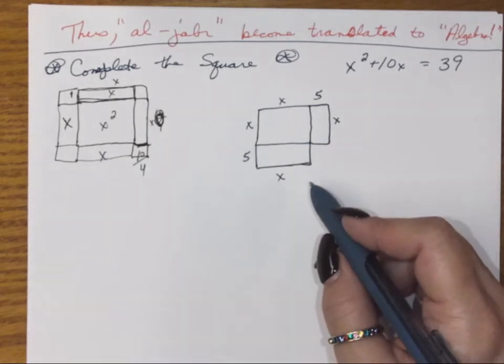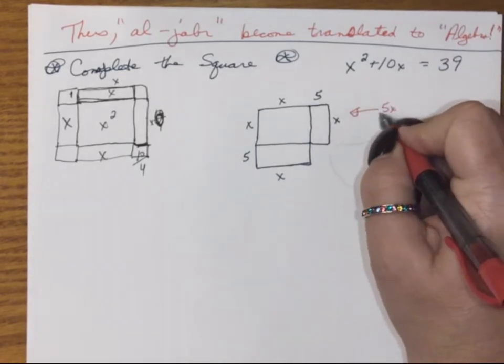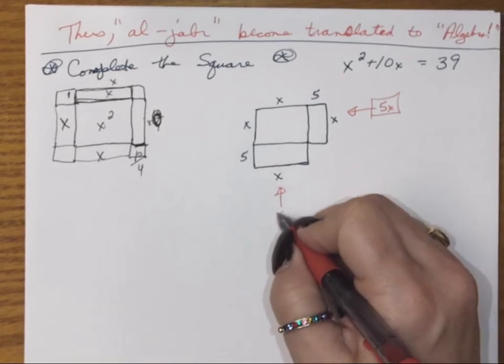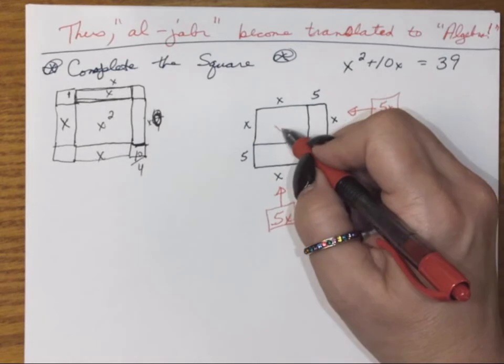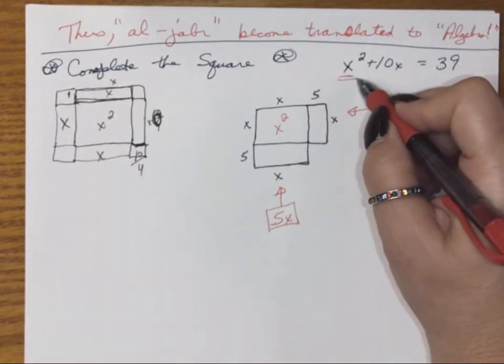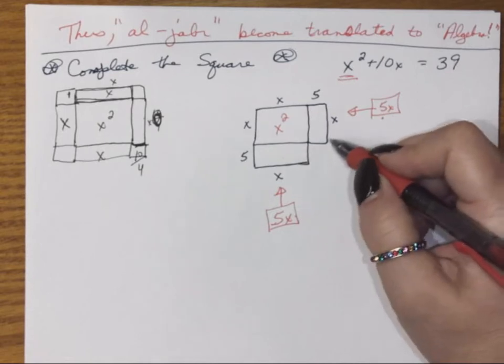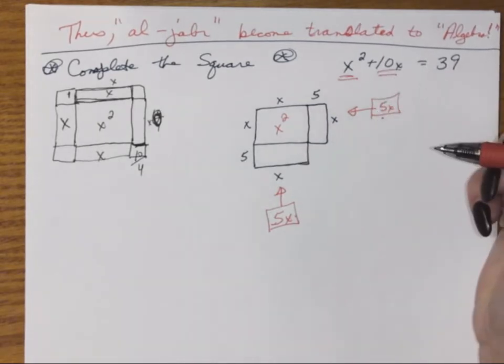So what I've got here, right on this portion, I've got 5 x's. And on this portion, I've got 5 x's. So if I have x squared here, done, and I have 5x here and 5x here, I've split up those 10x, but it's still a total of 10x, so done, okay?